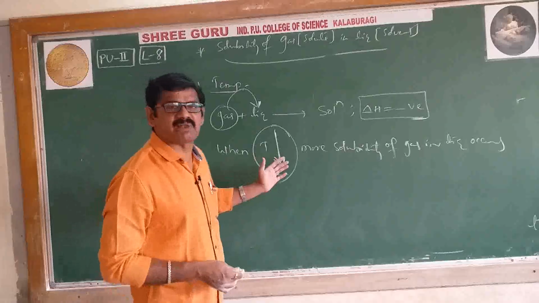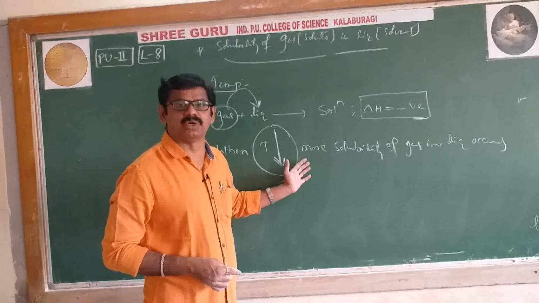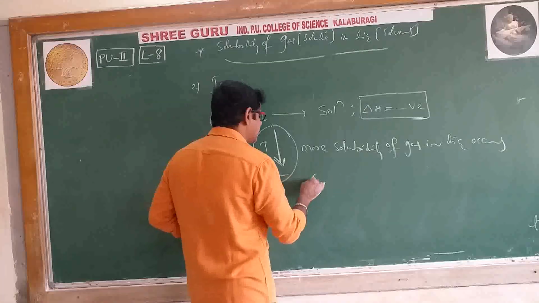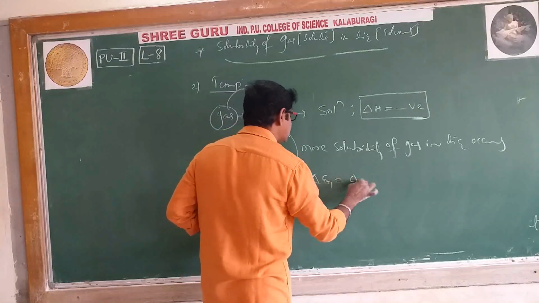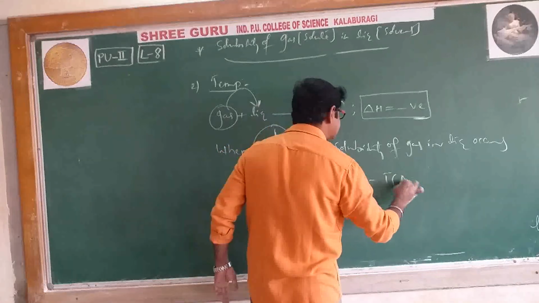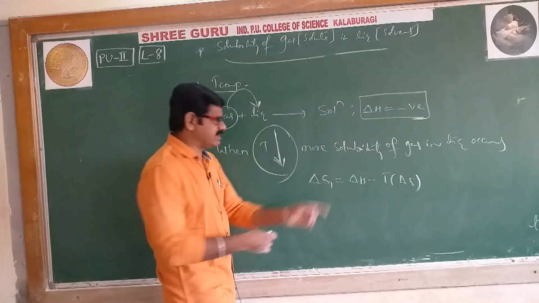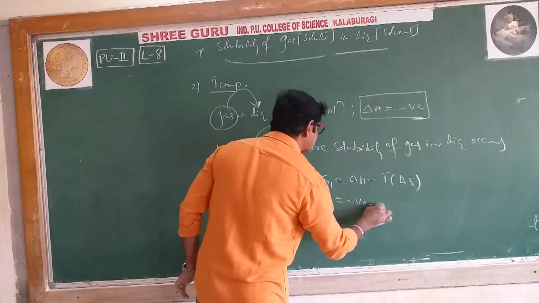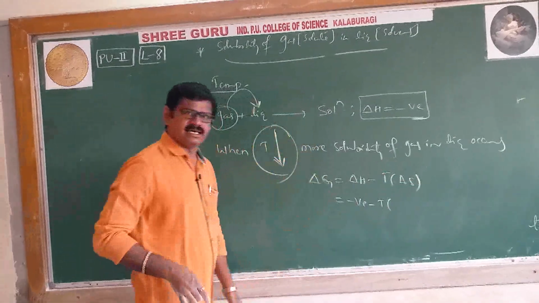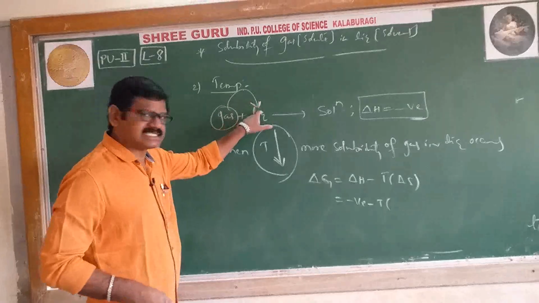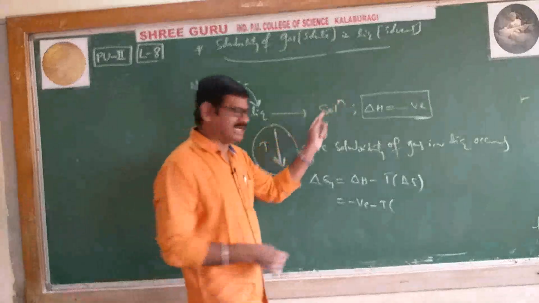We can also explain based on thermodynamics, that is delta G equals delta H minus T delta S. What we are telling, it is always exothermic, that is delta H is negative, minus T delta S. Entropy: when gas dissolves in liquid, definitely entropy decreases.